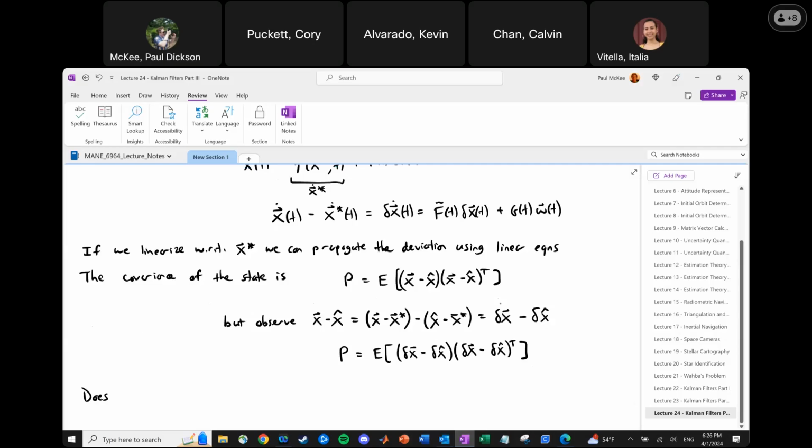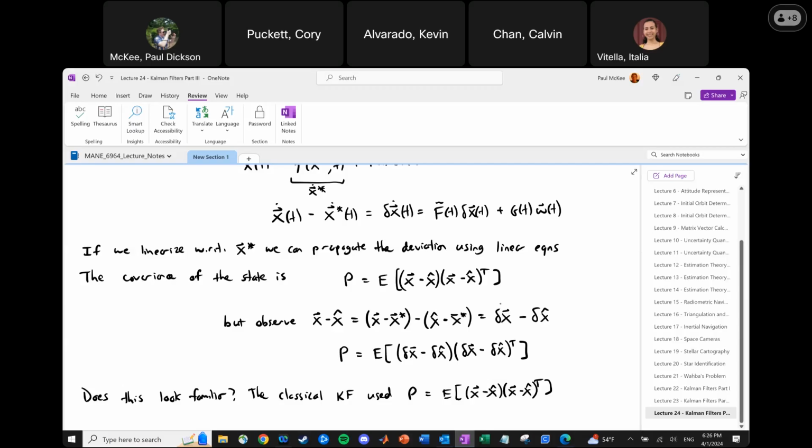Does this look familiar? Because the classical Kalman filter just used this equation. P is the expected value of x minus x hat, x minus x hat transpose. So this was our old definition of the covariance from before.